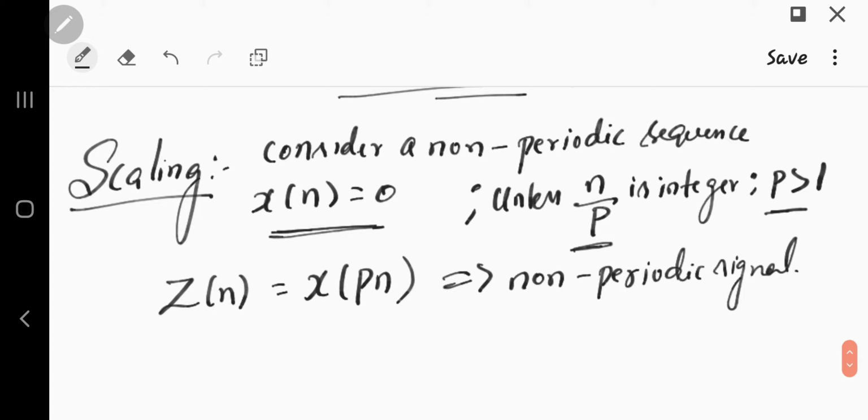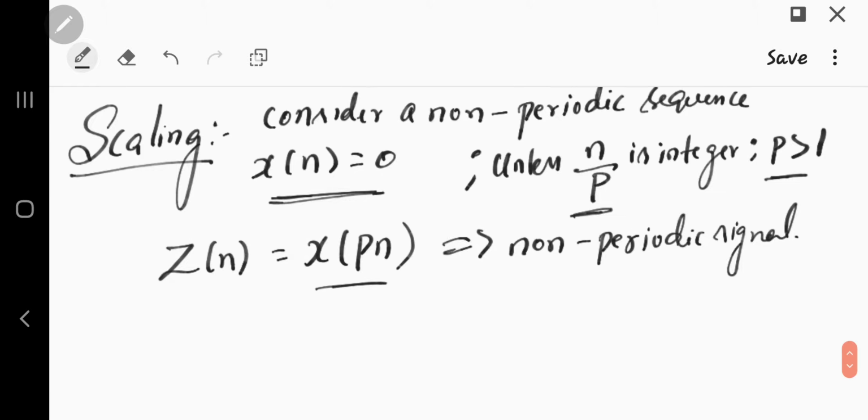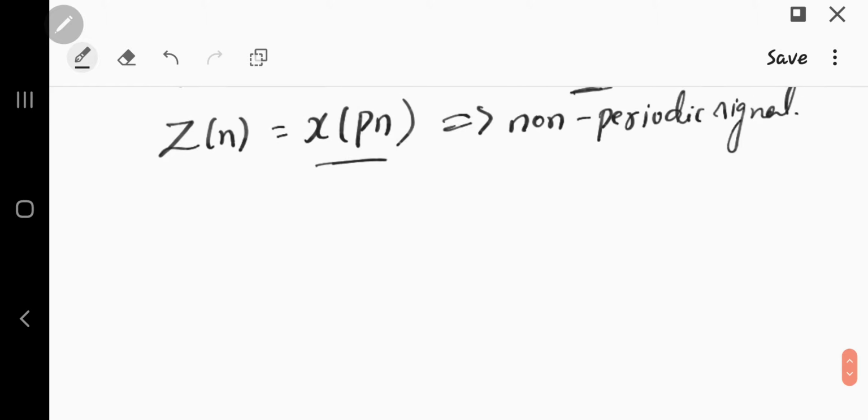This is what happens in the time scaling operation. If this condition is satisfied, then the signal z of n, which is the scaled version of x of n, is also a non-periodic signal. Considering all these facts, let us go to the statement of that.